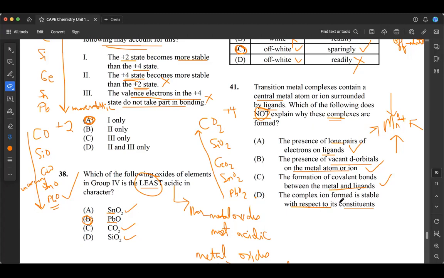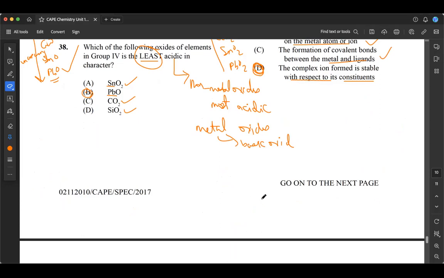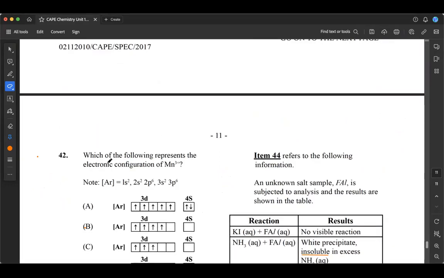It's not because the complex ion formed is stable with respect to its constituents, okay? So D is the answer here. This is not true, and they're asking us what does not explain it. That's D, okay? So 42 now says, which of the following represents the electronic configuration of the Mn3+ ion?